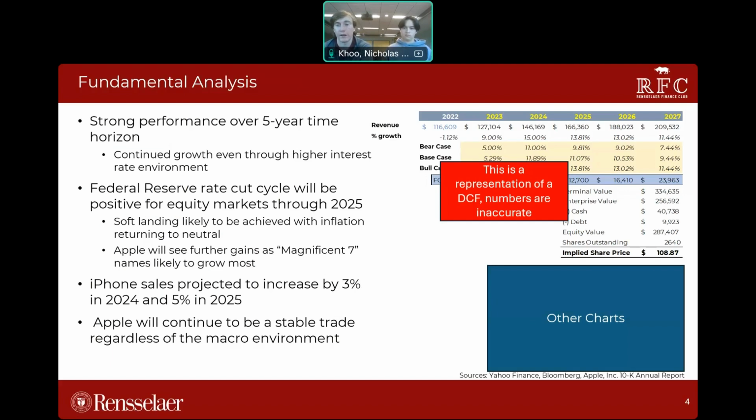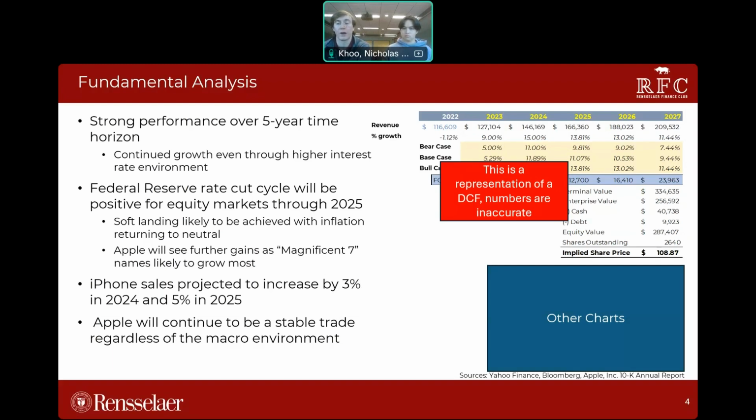And then in the top right, you can see some data I pulled from a DCF that I built. This was specifically for Apple. Just as a note, I made a little note there as well. This was just from a different DCF and model that I built for, I think it was actually Meta.